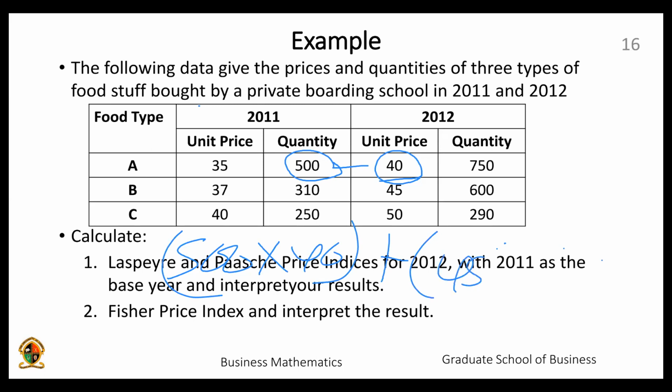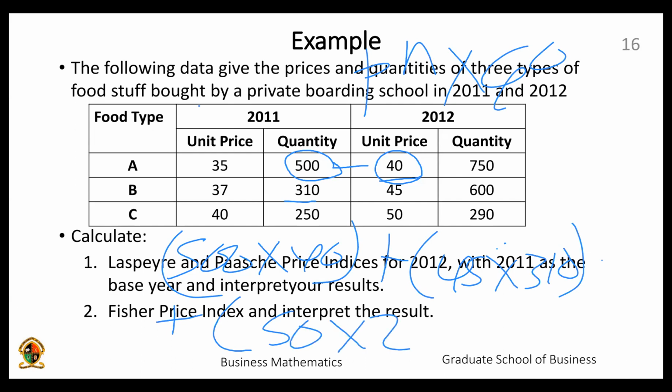This is the price of the new period, or Pn, times the Q naught, which is this one. So it'll be 45 times 310, again plus 50 times 200. You add everything, you're just adding them together.